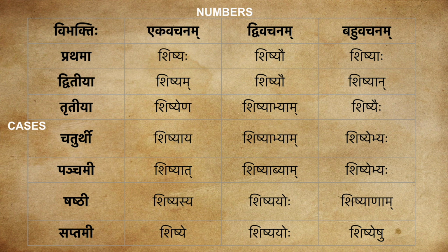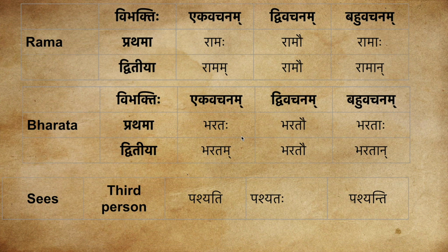Shishyaya, Shishyabhyam, Shishyebhyah. शिष्यात् शिष्याभ्याम् शिष्येभ्यः शिष्यस्य शिष्ययोः शिष्याणां शिष्ये शिष्ययोः शिष्येषु. Some of them sound like tongue twisters. That's why it's very important to say it out loud. All right. Okay. Now what we will do is we will go back to Rama and Bharata.